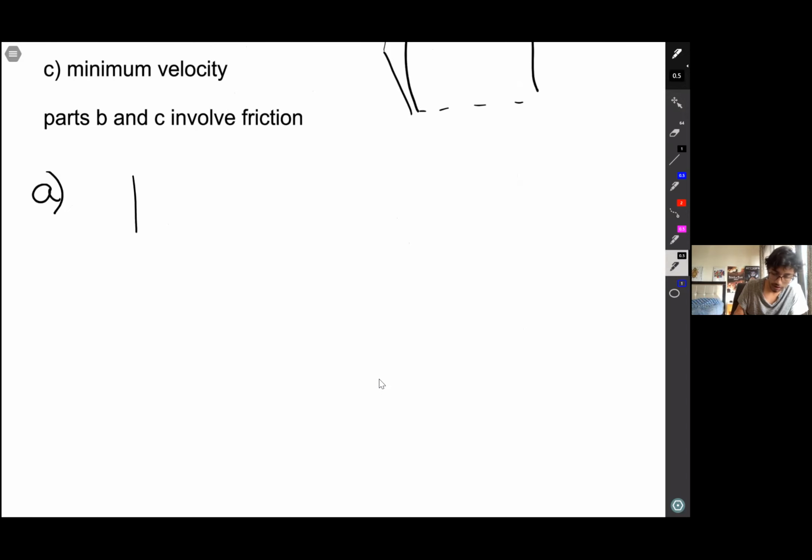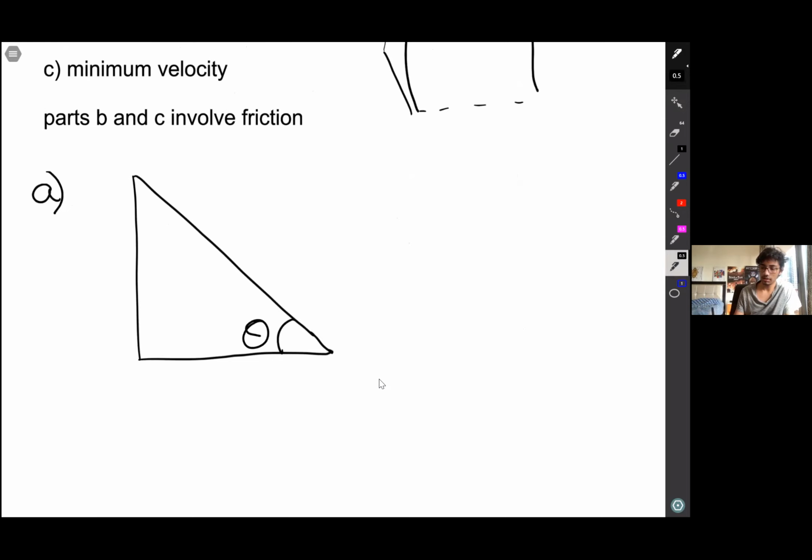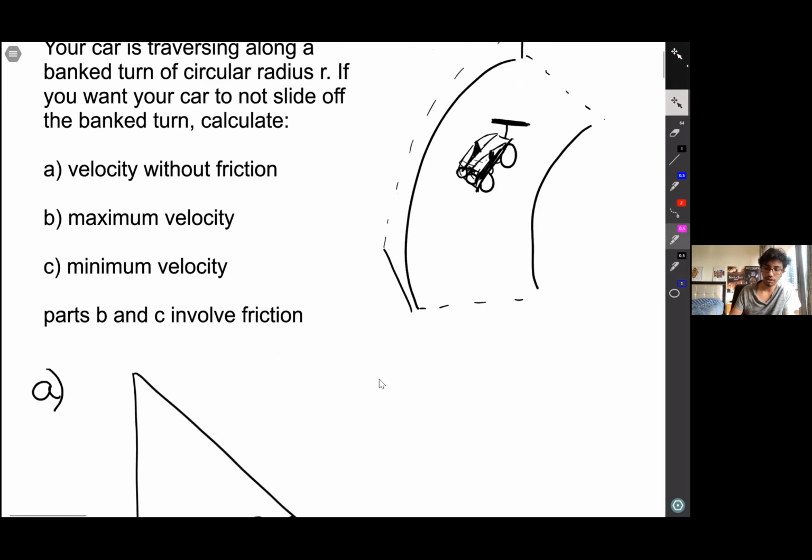I'm going to draw a short little snapshot in time of the inclined plane. This is the angle theta that the bank turn makes. Here is a small visual representation of the inclined plane, because it's banked.